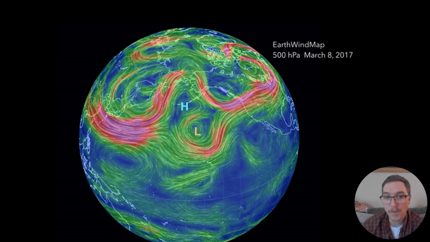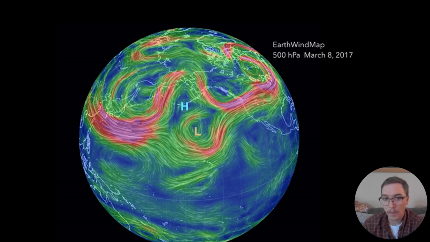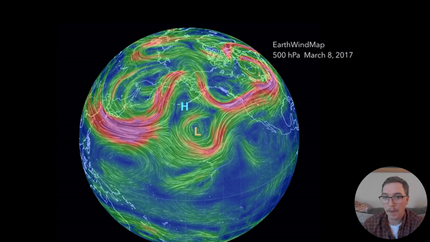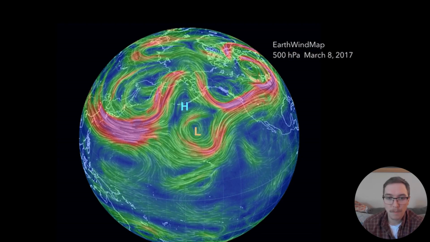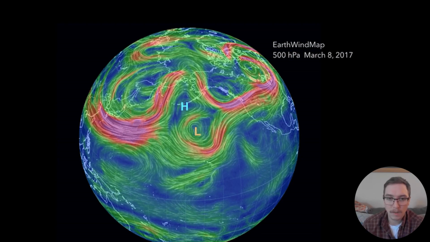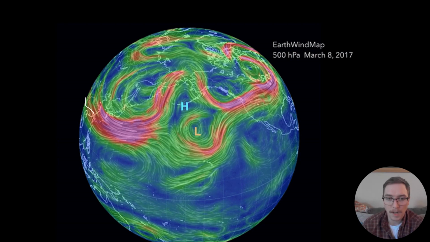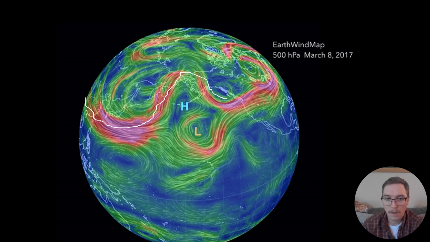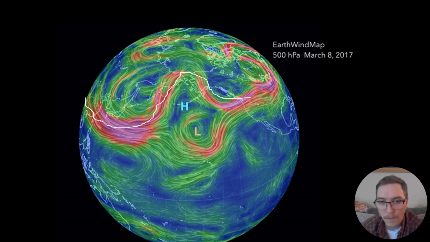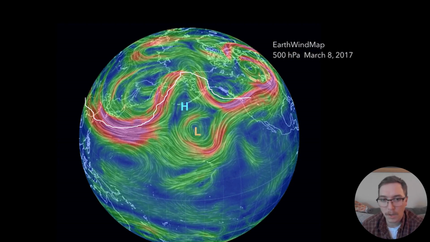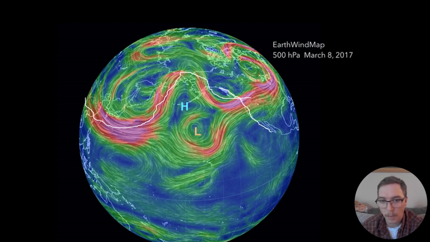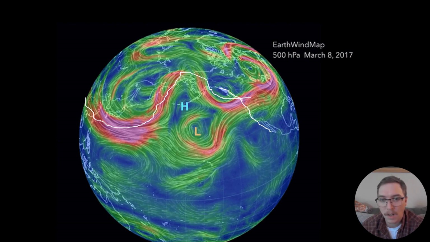Here we can see just one example of that, right? We see kind of an eddying system here. We're looking at the 500 millibar level. So we've got, let's see if I can draw this out, obviously part of our jet stream here coming into the coast of Alaska down into the west coast of the United States and Canada here.